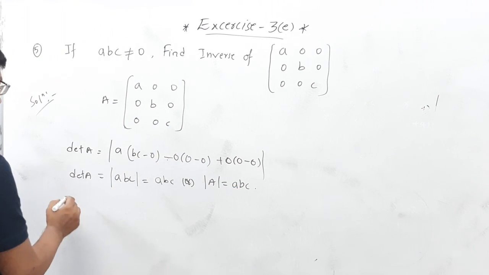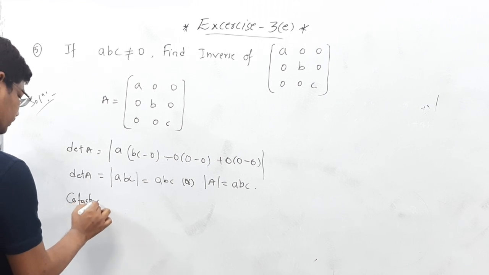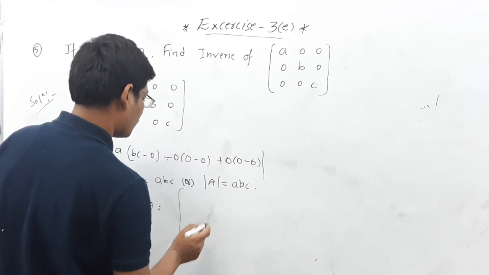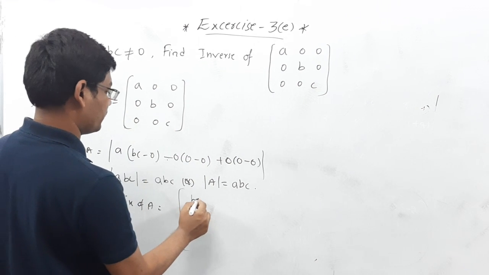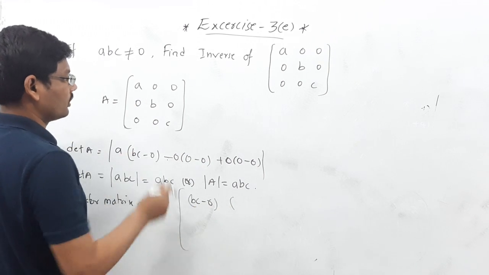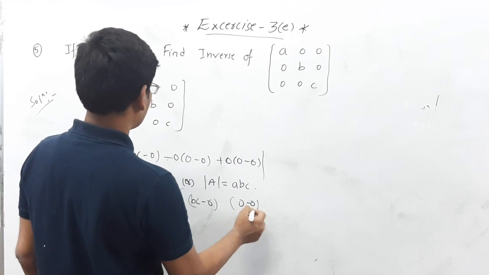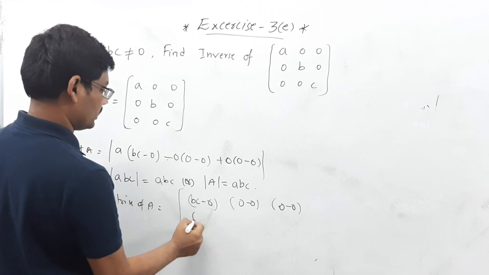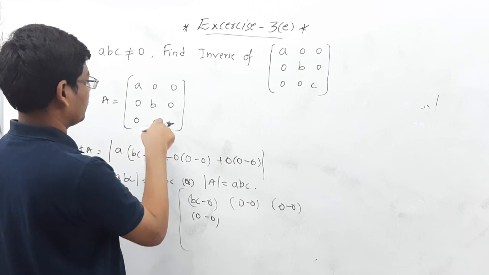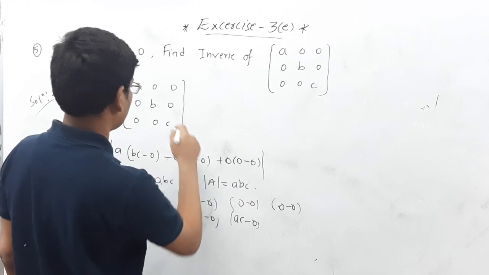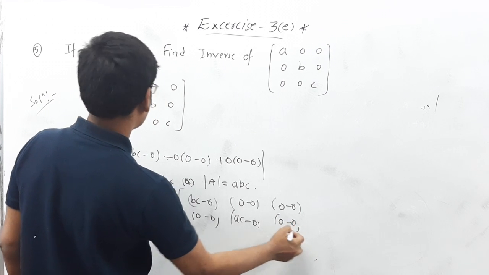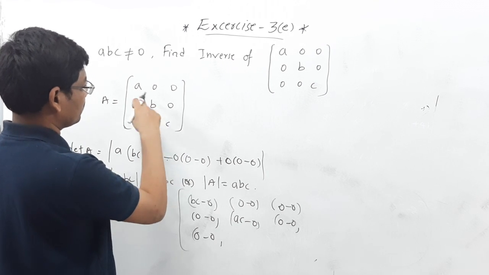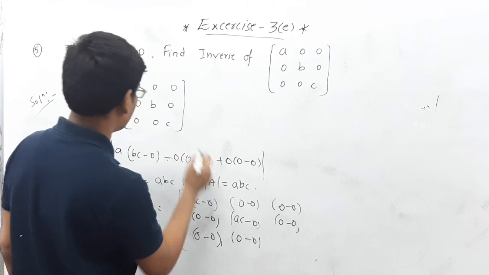Now let's find the cofactor matrix. The cofactor matrix of A is equal to: for this term, BC minus 0, BC; for the next, 0 minus 0; for the next, 0 minus 0; for this one, 0 minus 0; for this one, AC minus 0; for this one, 0 minus 0; for this one, 0 minus 0; for this element, 0 minus 0 again; and for C, AB minus 0.